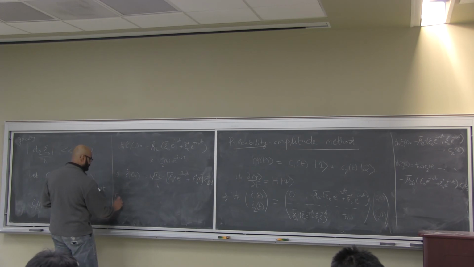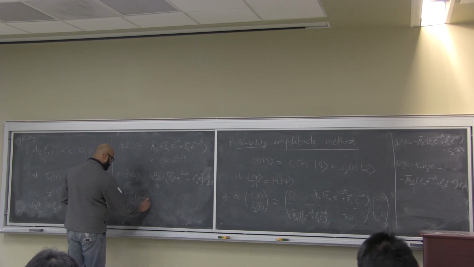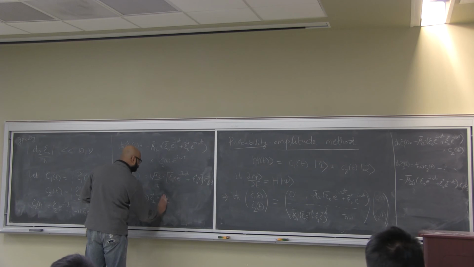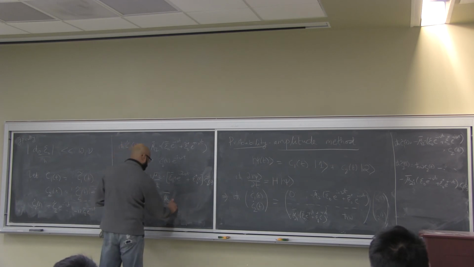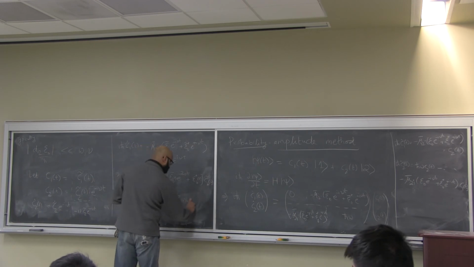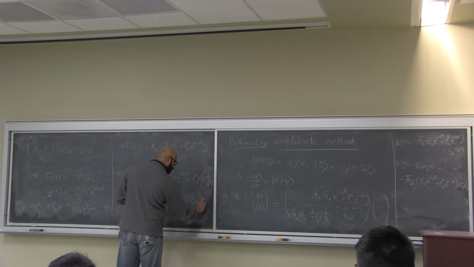The second one is basically C2 tilde dot is equal to i times nu minus omega C2 tilde plus i d21 mu21 over ħ, times E naught t plus E naught star t e to the 2i nu t times C1 tilde.